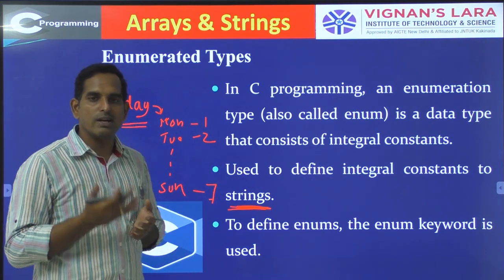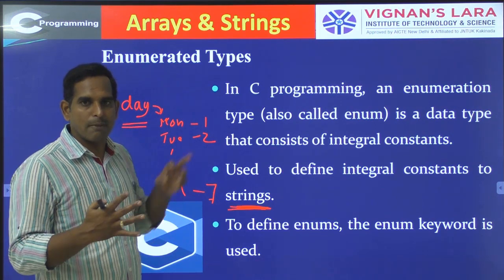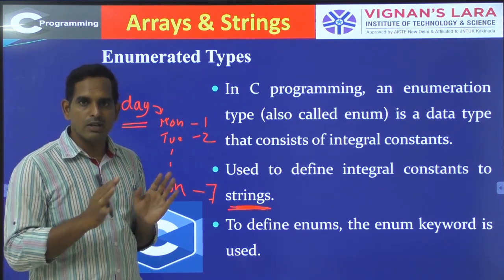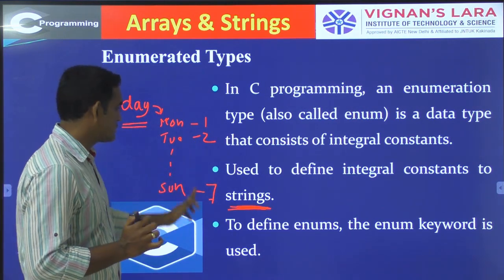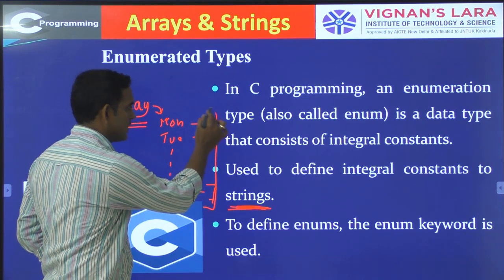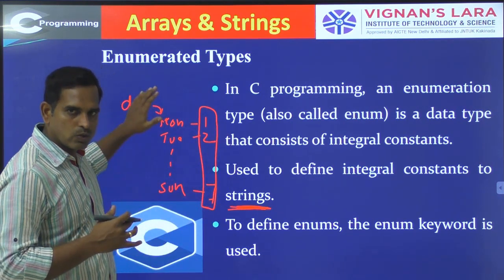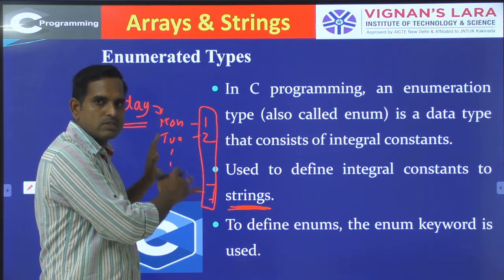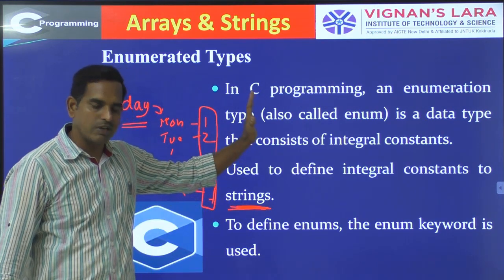Just like fundamental data types such as int and float, you can create a new simple user-defined data type using enumeration, and those enumerations will have integer values. So whenever you want to work upon strings but don't want to use the string names, and want to use numbers instead, you can use enumerations.